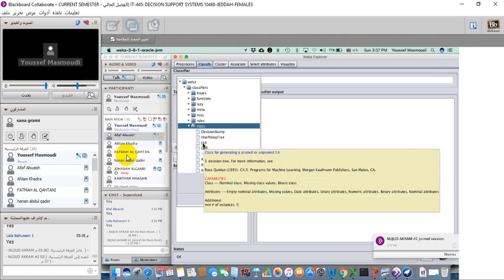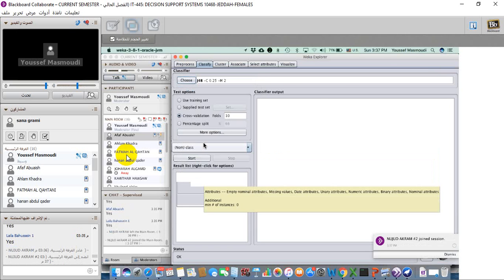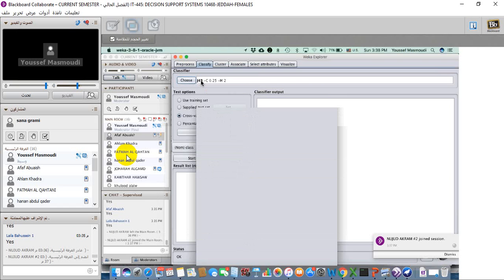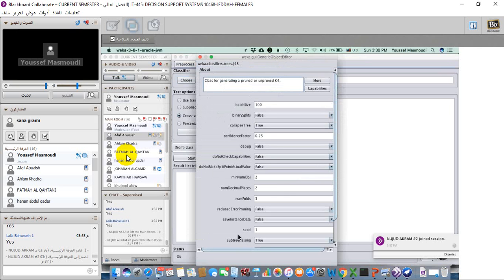Okay, so I will click on this algorithm J48. You can change the parameters of this algorithm if you click on the word J48 here. If I click on J48, a window opens with the parameters of this algorithm.